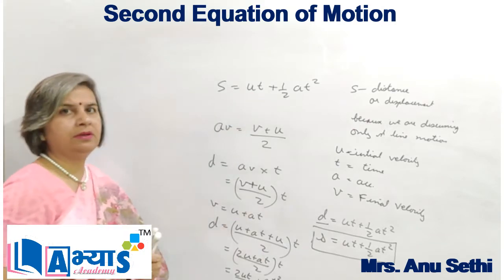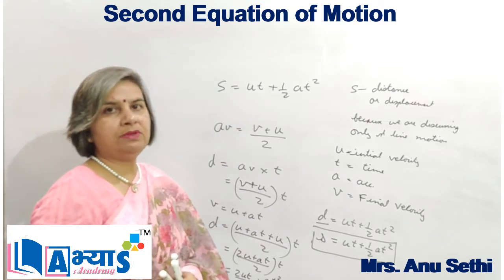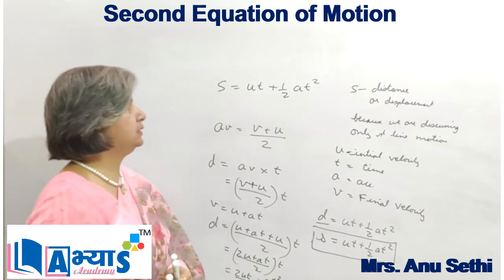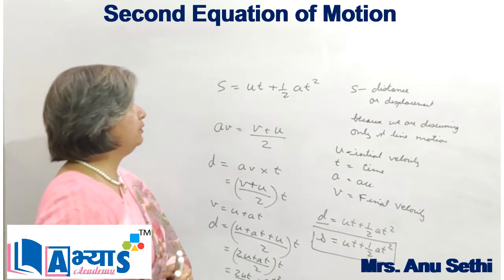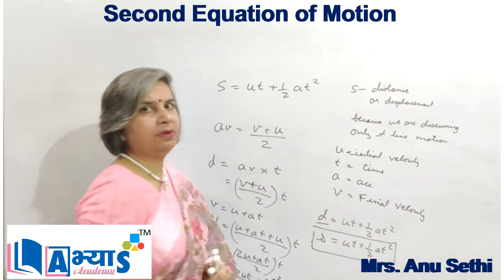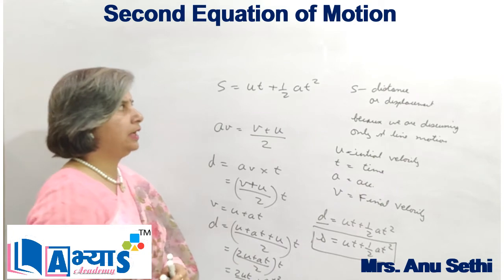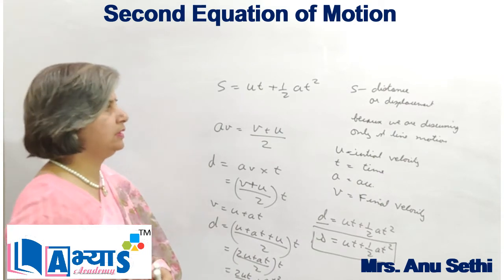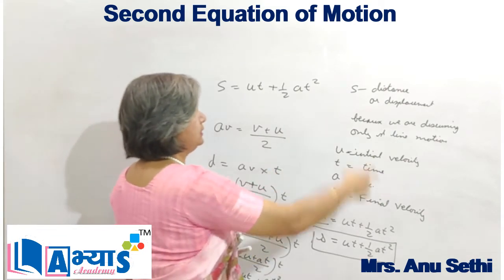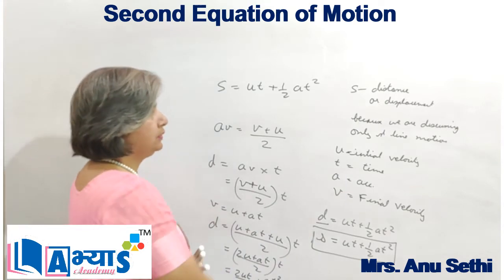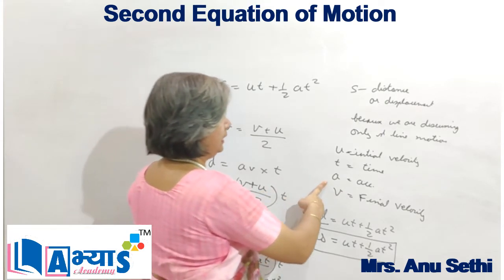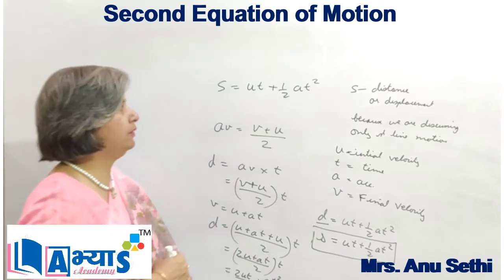Suppose we are to derive the second equation of motion, that is s is equal to ut plus half at square, where s is the distance or displacement, because we are discussing only straight line motion, and in that case the distance and displacement mean the same thing. So s can denote distance and displacement as well. u is the initial velocity, t is the time, a is the acceleration, and v is the final velocity.